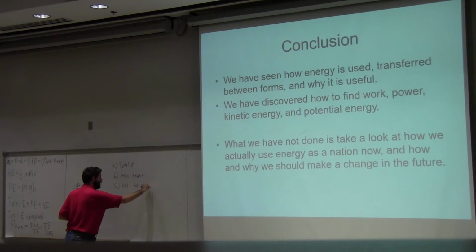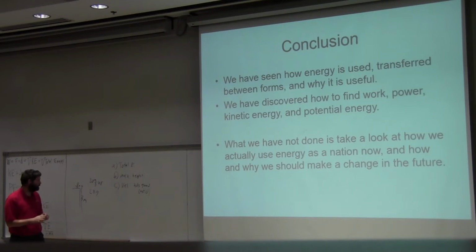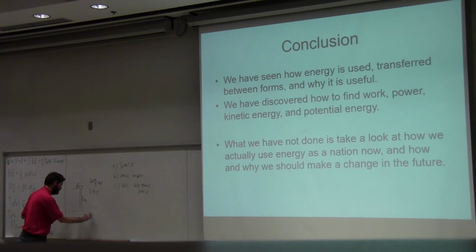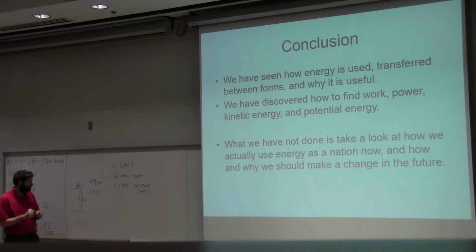So it's not 0. You should get an answer for C that is bigger than 20, because it's going to go up, then come back down and fall that extra 3 meters to the ground. All right, so go ahead and calculate those.